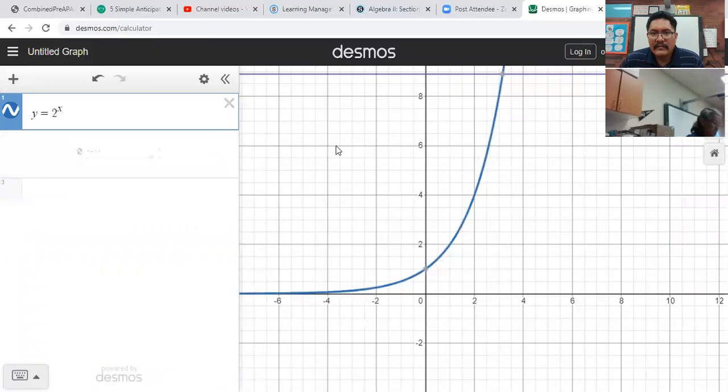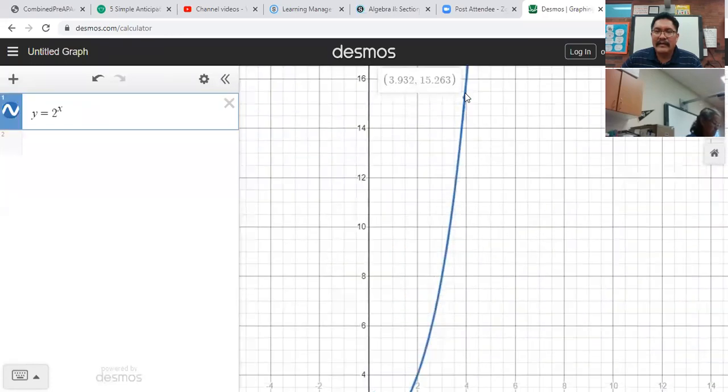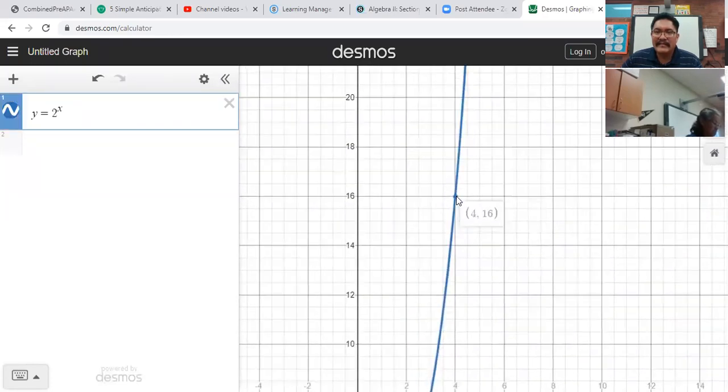I don't know how people would feel about this, but the exponential graph is kind of like the way a disease would spread. If we have one person, and that one person goes out and infects 2 people, now two people will have the sickness. If each of those 2 people gets 2 more people sick, then 4 people have it, and then 16.